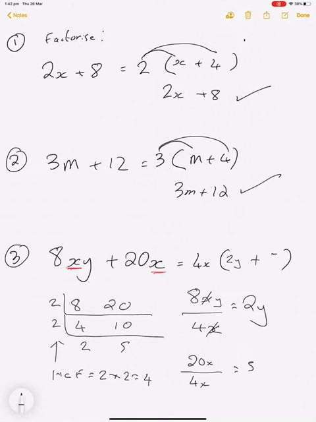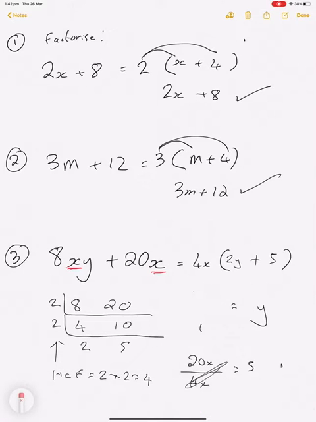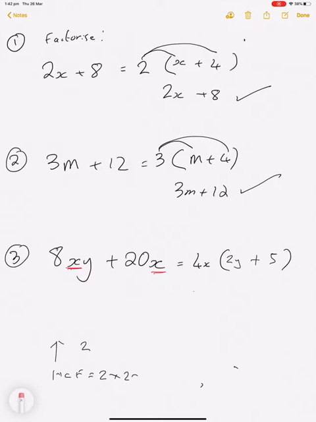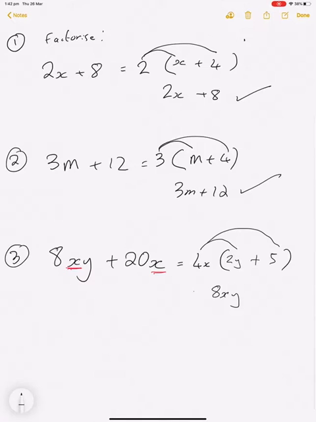Let's expand our bracket and see if we get the original expression. 2 4s are 8xy, 5 4s are 20x.